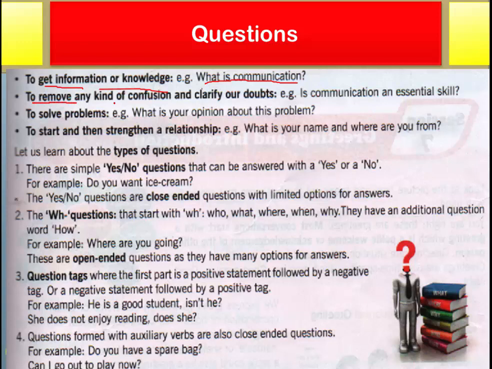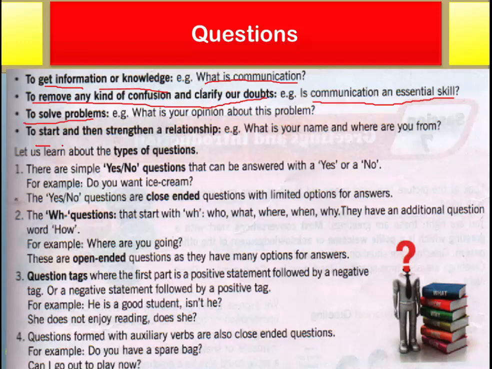To remove any kind of confusion and clarify our doubts is an essential communication skill. If I want to clarify my doubt, then also I can ask questions. Next, to solve problems. What is your opinion about this problem? If we have some problem and we are sitting at a meeting or in a conference asking for the solution of a certain problem, we use these question techniques.